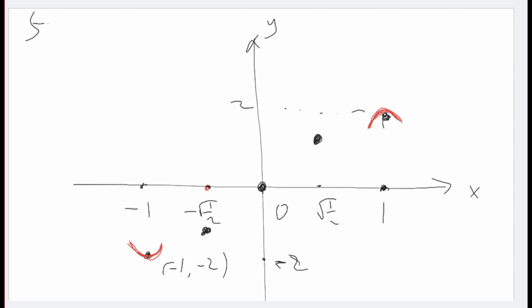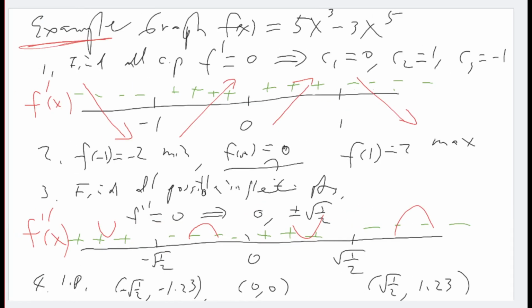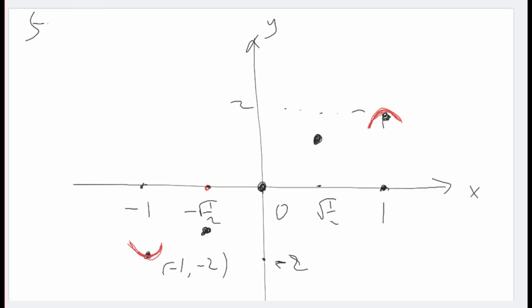Now let's check out the increasing, decreasing, concave up, concave down features. In general, from -infinity to -1, the graph is going to decrease. Let's use the red color.